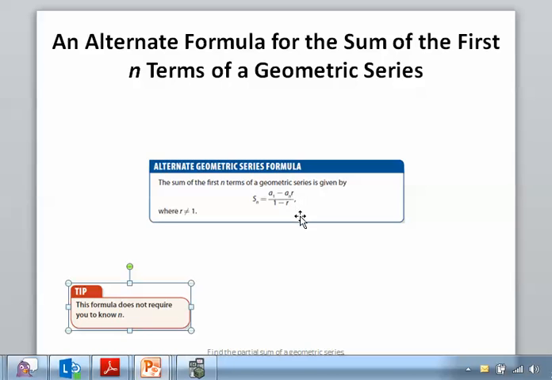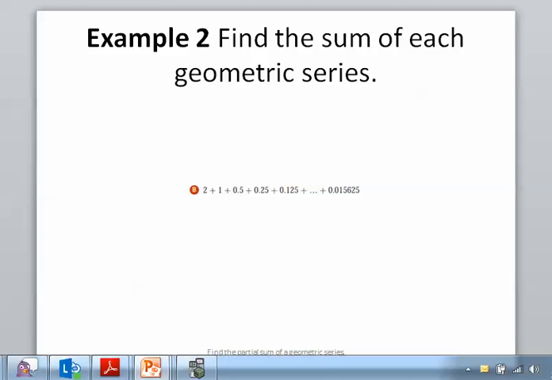What they're pointing out with this alternative formula is I don't have to know what n is. All I got to know is what the last term was. That would have been helpful in that last time because finding out what n was a little bit difficult, right? So in this particular situation, I don't know what n is, but I do know the first term is a 2. A sub 1 is equal to 2.